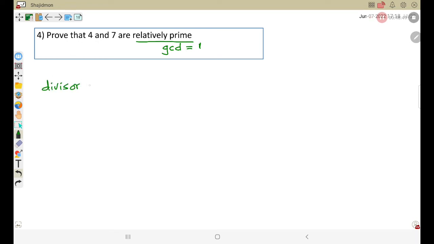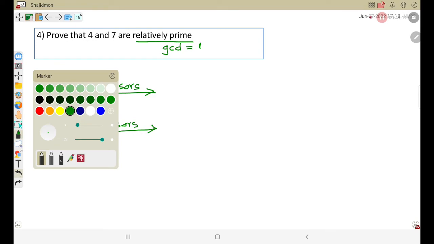Divisors of the number 4. Okay, or we can write it in short also. The divisors of number 4, then the divisors of number 7.